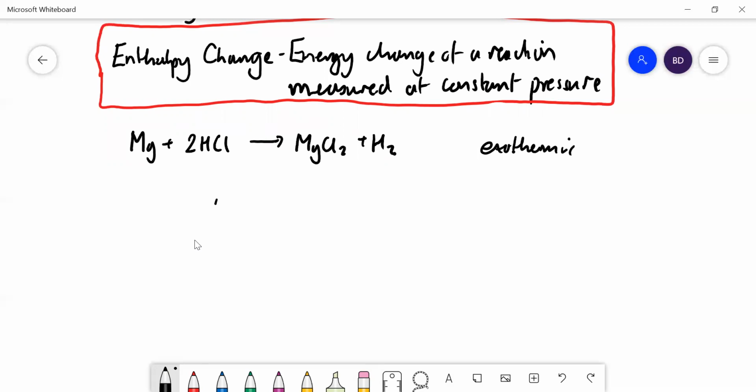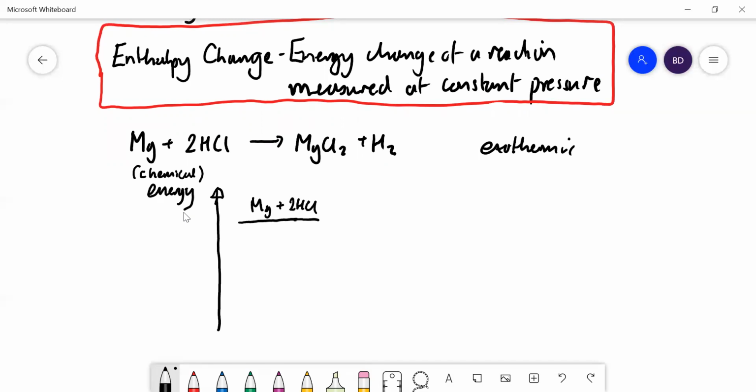We're going to put energy on this axis. I should really put what kind of energy. I'm going to say the chemical energy. That's what it is really, but most people don't usually write that. So we start off with the magnesium and the HCl up here.